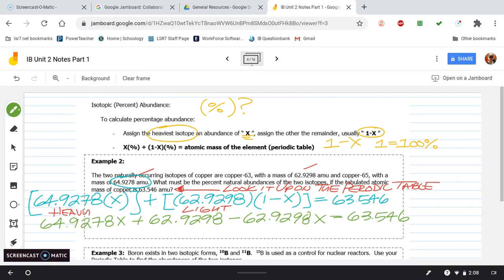So this one here, take that one minus that one, because they're both x's. And when you do that, let's go back to the red. This is going to be 1.998x when I simplify that.